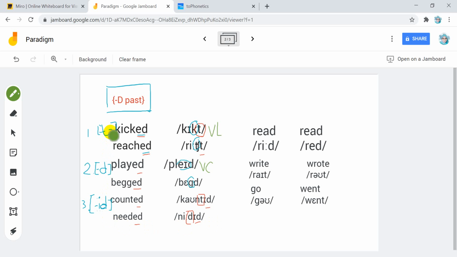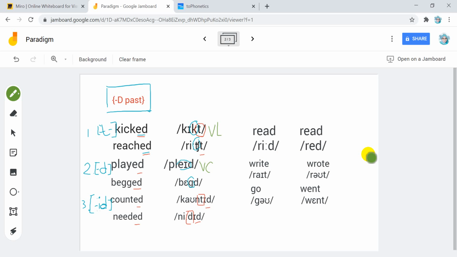So here the regular form, we say it's phonologically conditioned. The changes or the paradigm happen because of the sounds, same like in plural. Some words do not create the past form by adding ed. Some undergo changes of the sound.